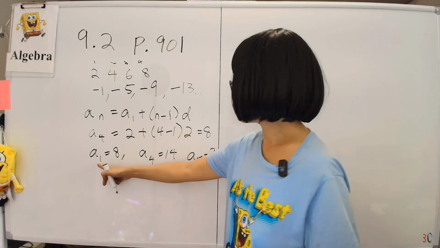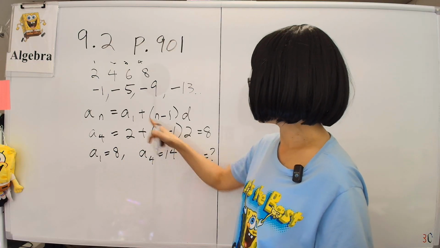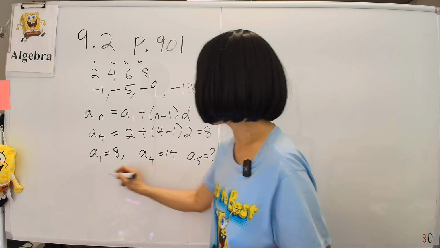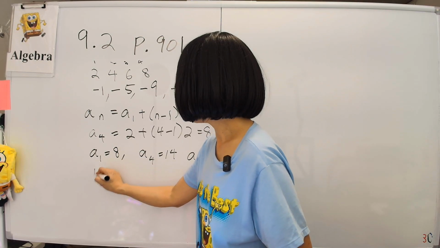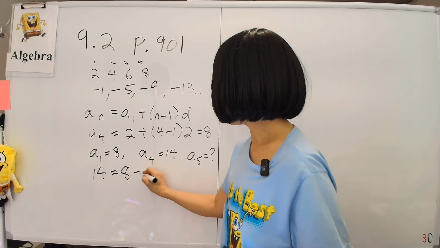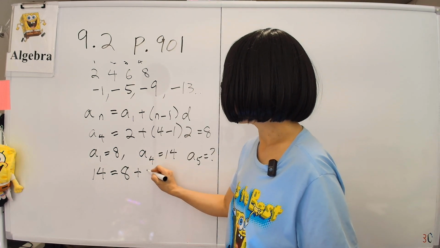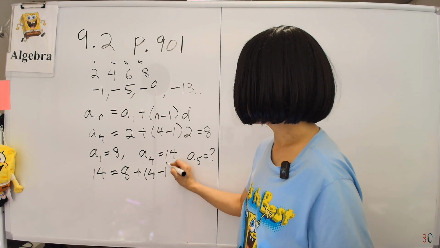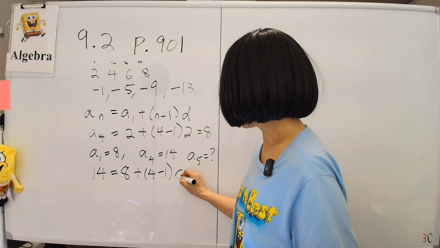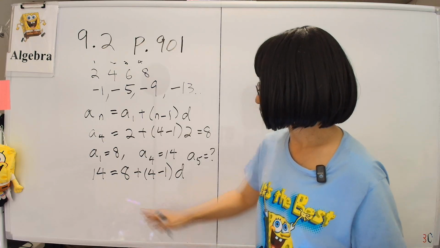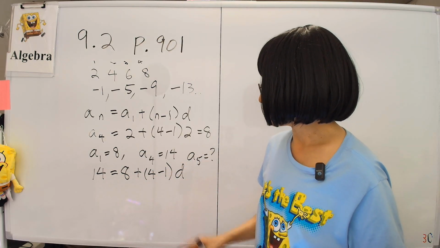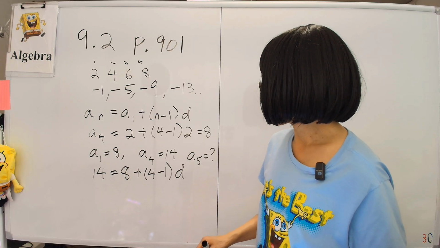So we plug these two pieces of information into the general formula. So an, which in this case is a4, which is 14, equals a1, which is 8, plus n is equal to 4, so 4 minus 1 times d, the difference, which we don't know, that's what we're looking for. We're looking for d. So notice that this is an equation that we can solve for d.